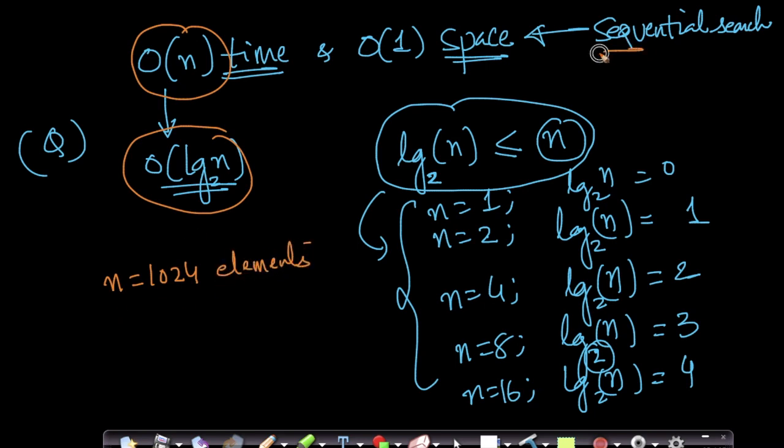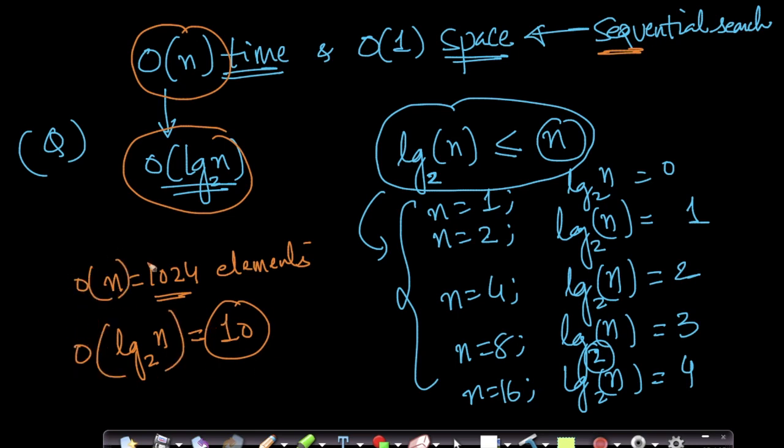Using my sequential search, it would take me order of n time, roughly 1024 comparisons. But understand what log n is. Log n base 2, 2 power 10 is 1024, so it is 10. If I can get away with 10 comparisons, this is the power of it, right?